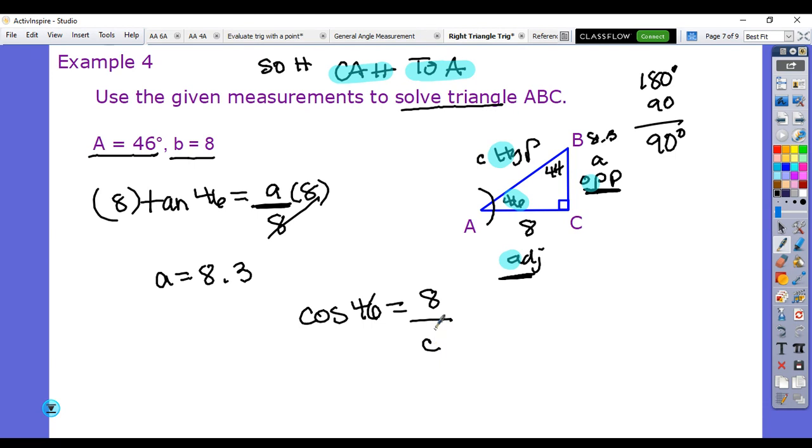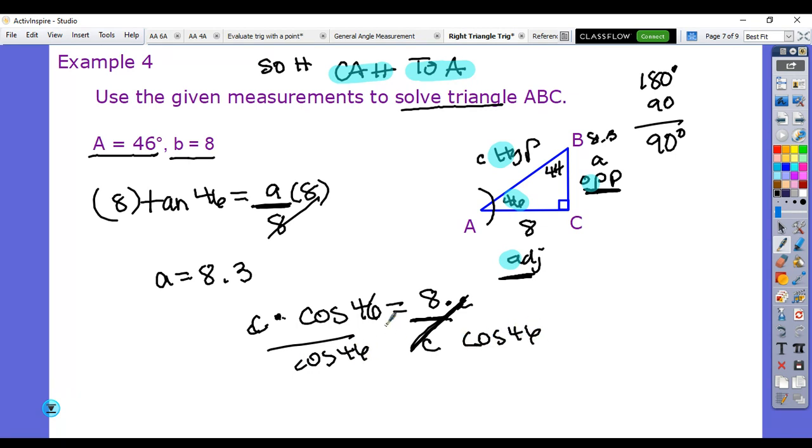Now, I can't solve an equation with my variable in the denominator. So the first thing I'm going to do is multiply both sides by C. Then the C cancels. Now, if C is being multiplied times cosine 46, I'm now going to divide by cosine 46.